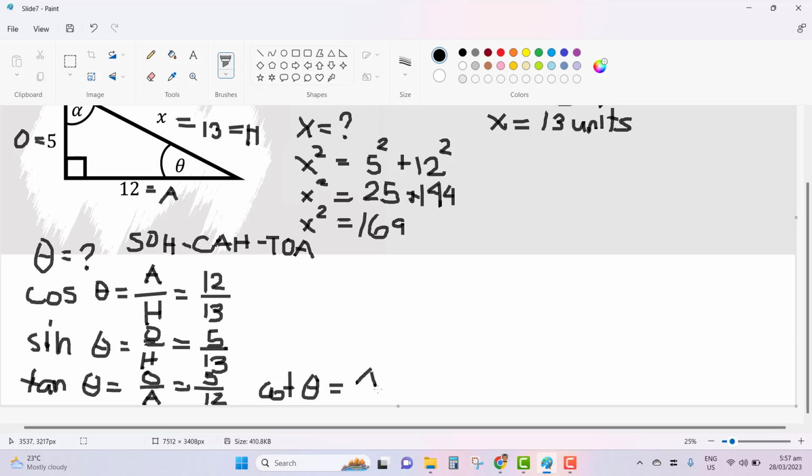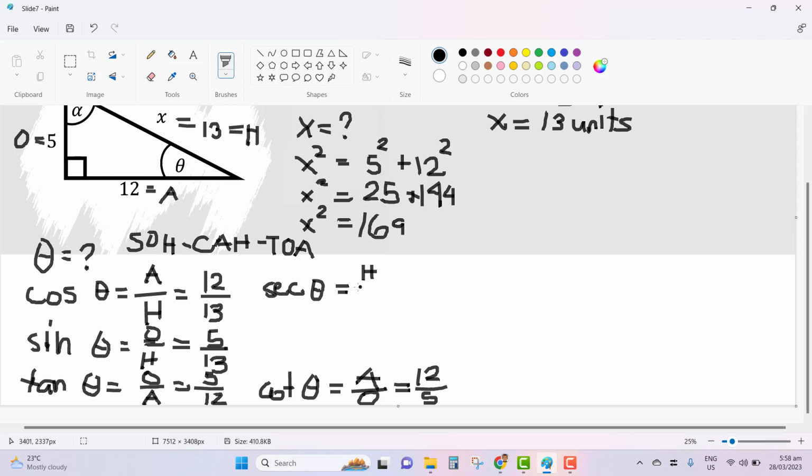So you reciprocate the ratio: instead of O over A, that's A over O. And the 5/12 will also be reciprocated: 12/5. The next one is secant theta, which is the reciprocal of cosine.